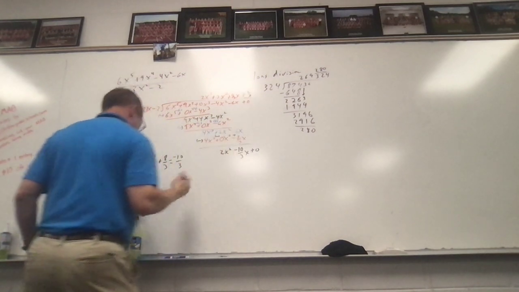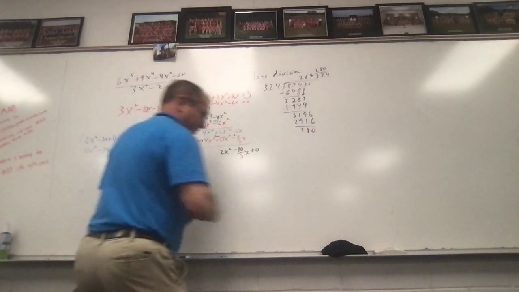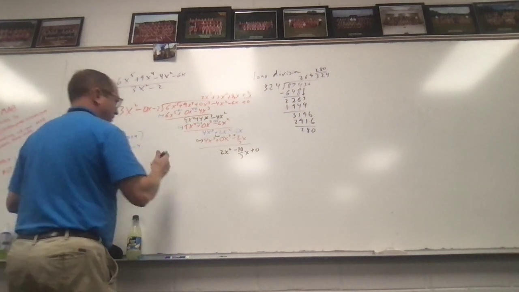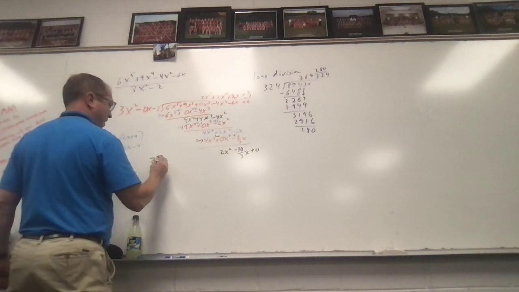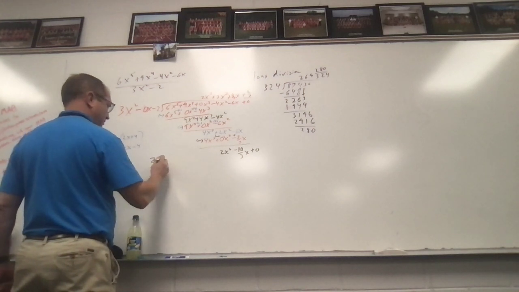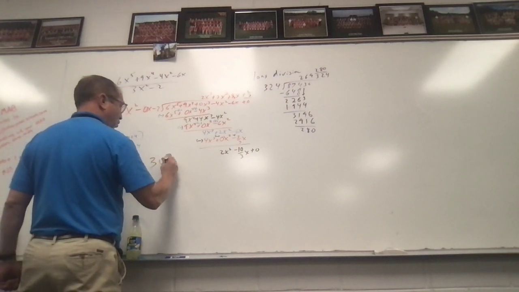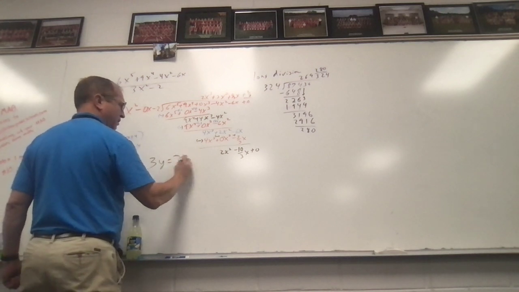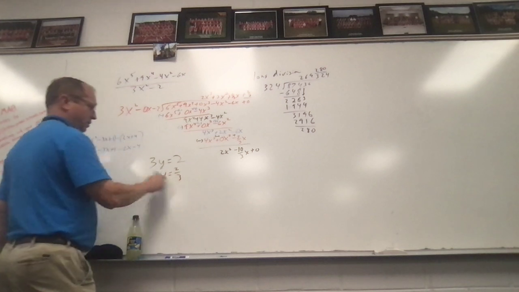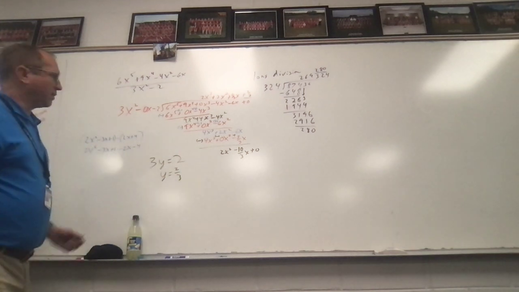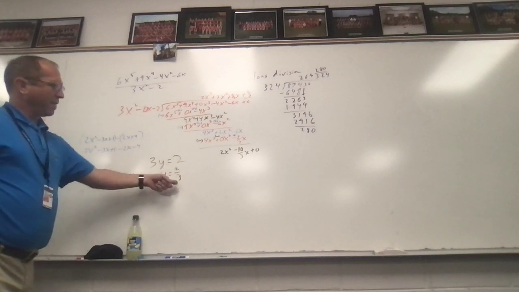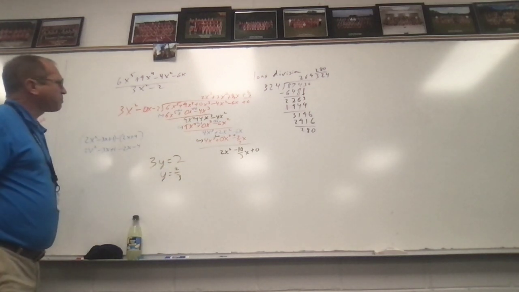And if you have a problem with that, think about it like this. You're saying 3 times what number? Now I'm not going to put an x there because everything else is x. So I'll just say 3 times what gives me 2? Well, that would be 2/3. So if you have a hard time seeing that without writing it out, then that could be something that helps.